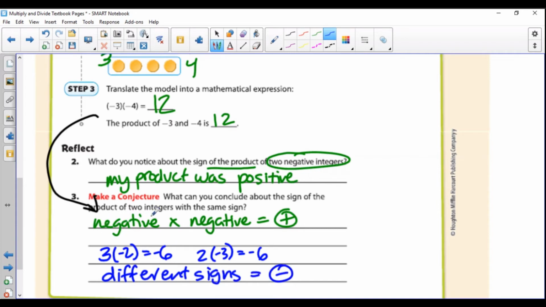And this also works with positive numbers up here, right? Negative times a negative or positive times a positive. So when both signs are the same, my answer is going to be positive. When both signs are different, that's when my sign is going to be negative.